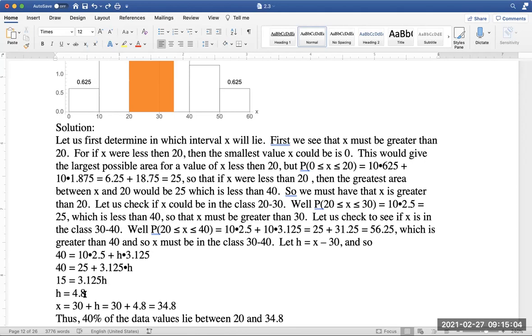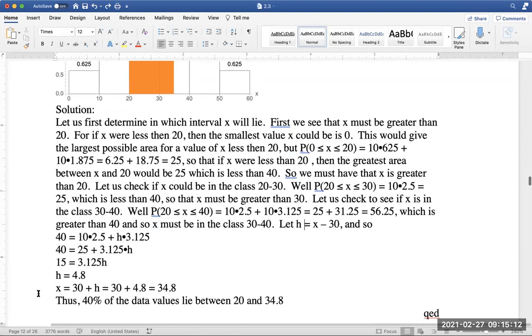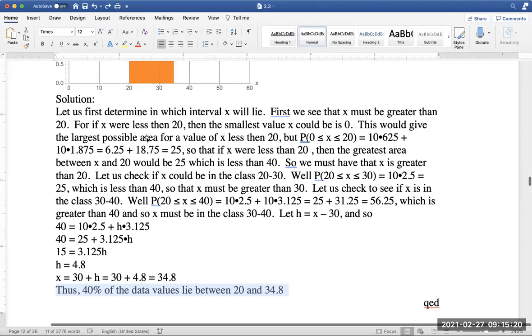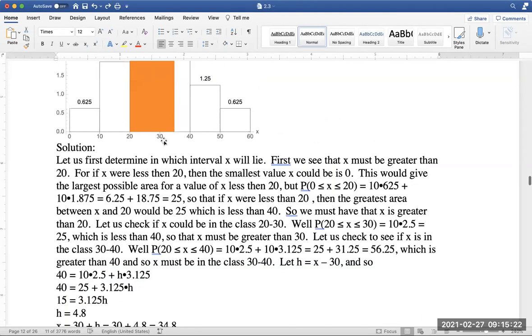So we're 4.8 above 30. That gives me 34.8. Therefore, 40% of my data values lie between 20 and 34.8. This technique is going to be a very similar technique that we're going to be using later in this course.